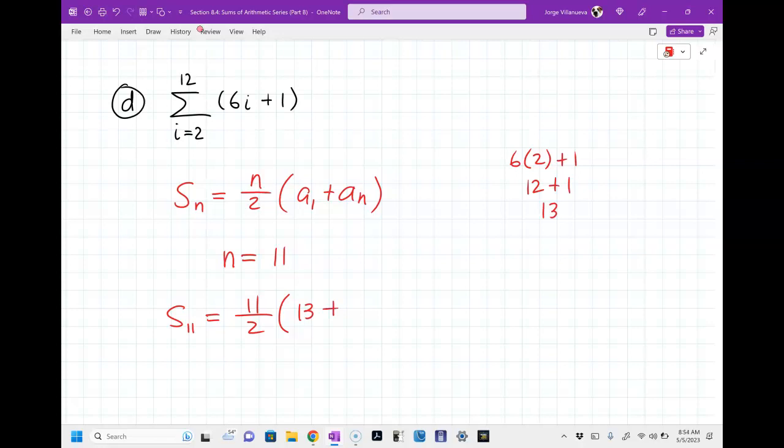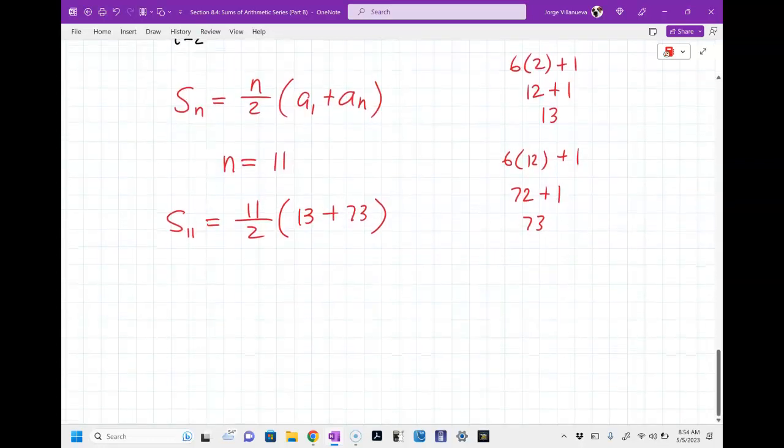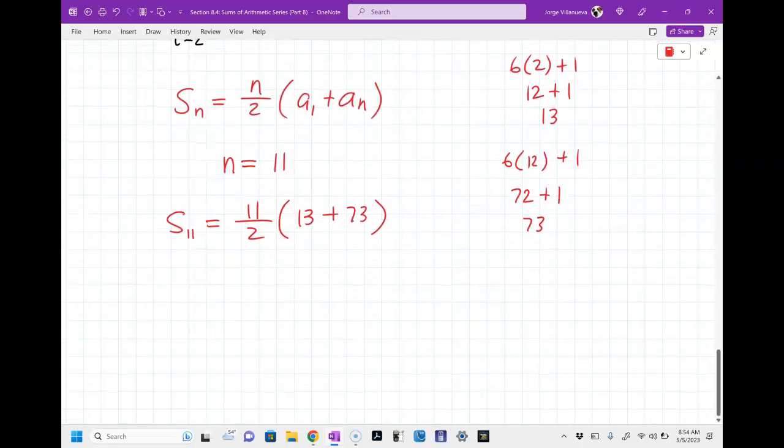Now to find my last term, I'm going to plug in the 12. The 12 goes into that equation. So 6 times 12 plus 1, what is that, 72 plus 1, so it's 73. All right, so there you go. 13 plus 73, 11 over 2, that's going to be 86.